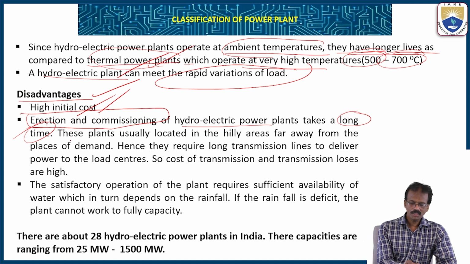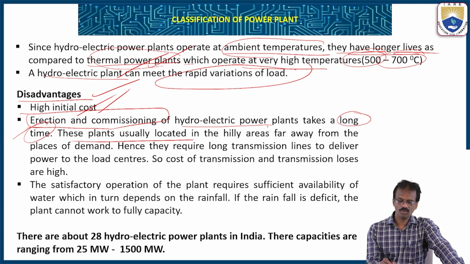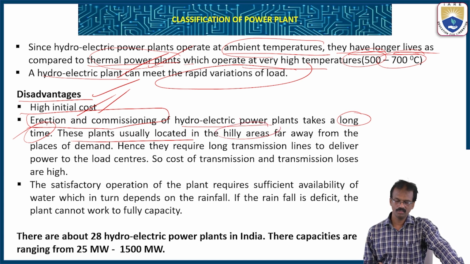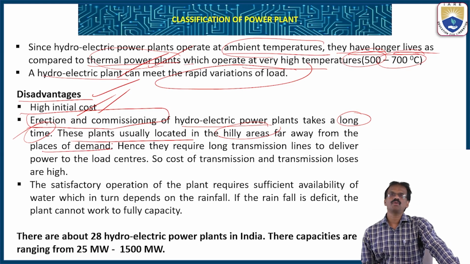Next, these plants are usually located in the hill areas, because water catchment areas are available at those hill areas. Hill areas are very far away from the urban places, meaning the place of demand of power.